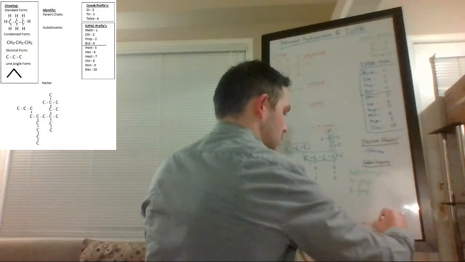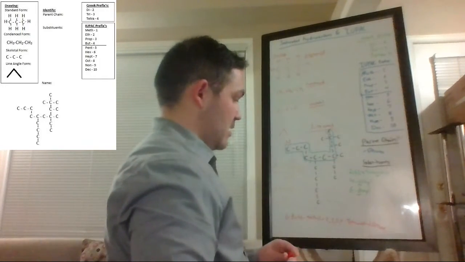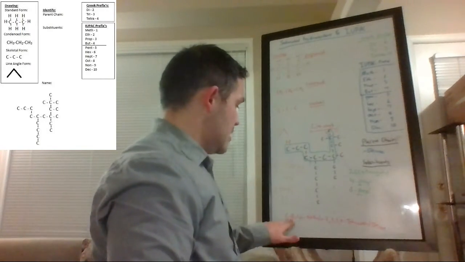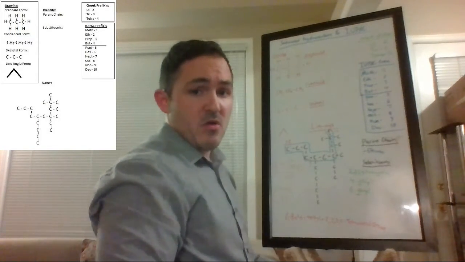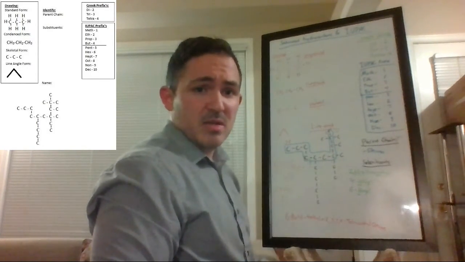So that's our whole name there. So we've got 6-butyl-4-ethyl-2,3,3,4-tetramethyldecane.